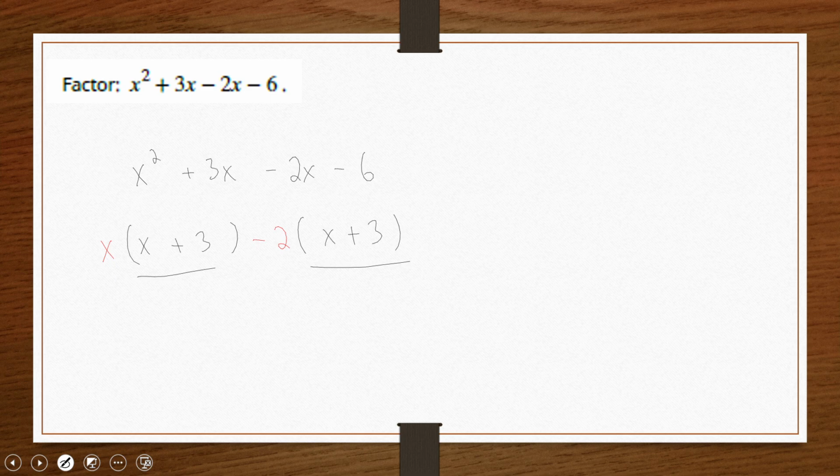So negative 2 times x is negative 2x. Negative 2 times positive 3 gets me to negative 6. So I, again, have identified the correct binomial that shows up in both cases, and I can pull that new GCF, the binomial x plus 3, out, multiply by the sum of the remaining factors, x minus 2, like this. And there's my solution.